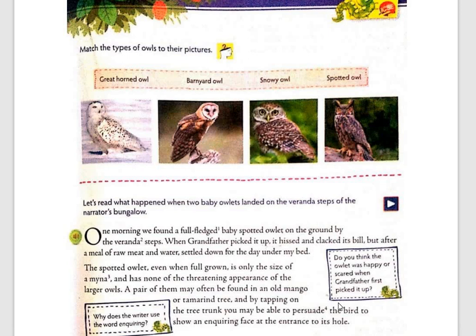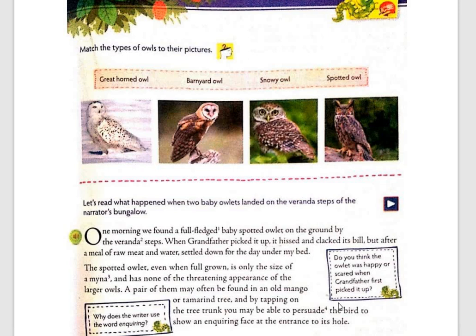It has none of the threatening appearance of the larger owls. As I have already told you, the owl is often regarded as an ominous bird, and there is a superstitious belief that if an owl comes to your home, sits in a tree beside your home and makes a sound, it's a messenger of something bad, that something ominous is going to happen to that household.